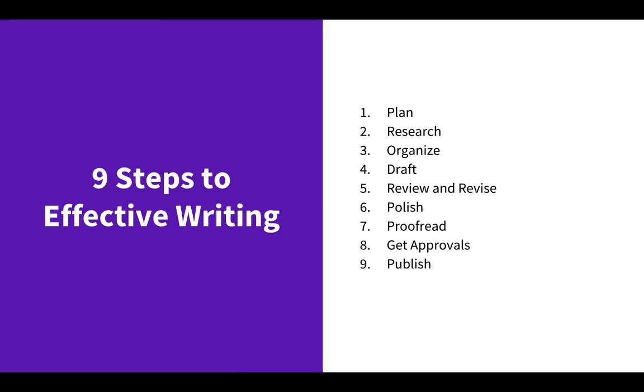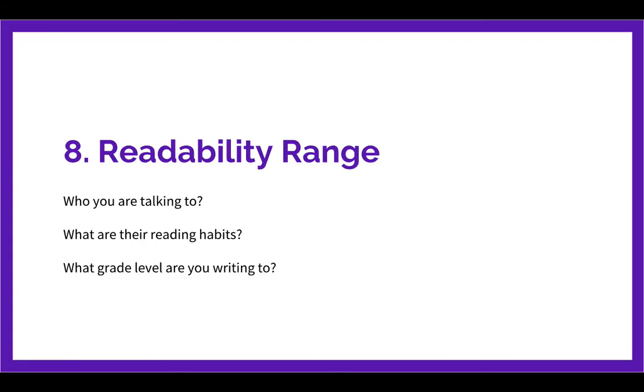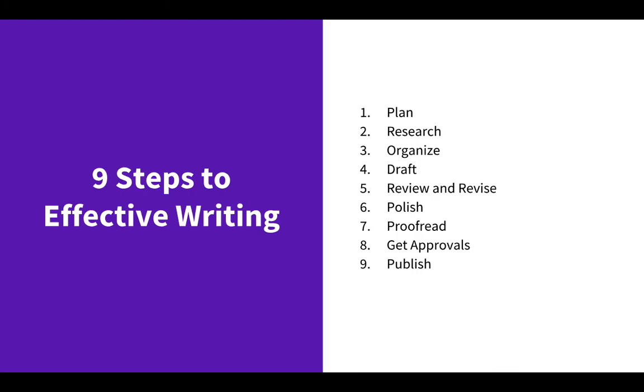So 9 steps to effective writing. Keep in mind, plan your writing. Use a planning sheet. Use those 8 things and put the information there so that you have an idea of where you're going. 2, do research to know what you're doing, what you're writing about, who you're writing for.